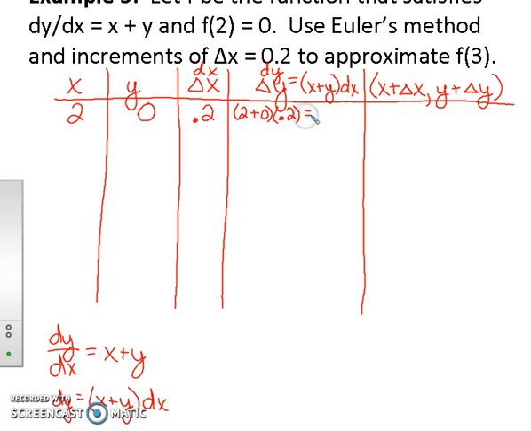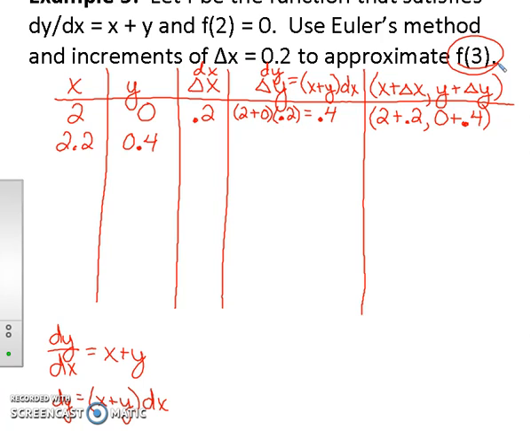So that means that the y is going to change by 0.4 units. So the new point that I'm at, I was at 2, but it is changing by 0.2. I was at 0, but it is changing by 0.4. So my new point would be located at 2.2, 0.4.